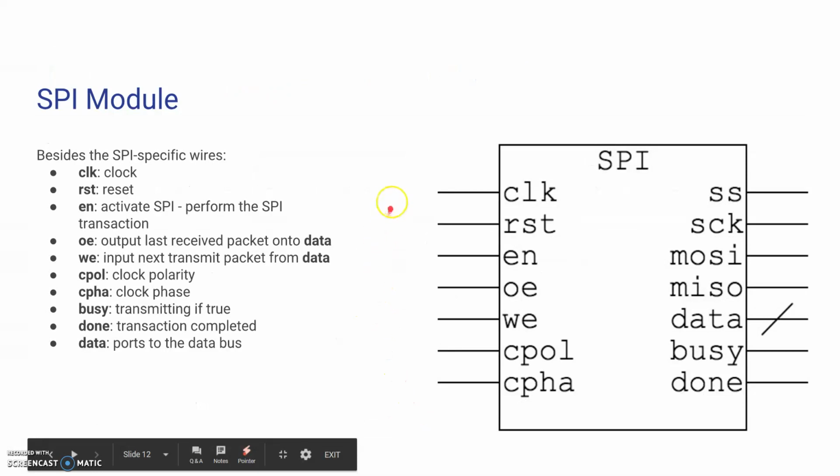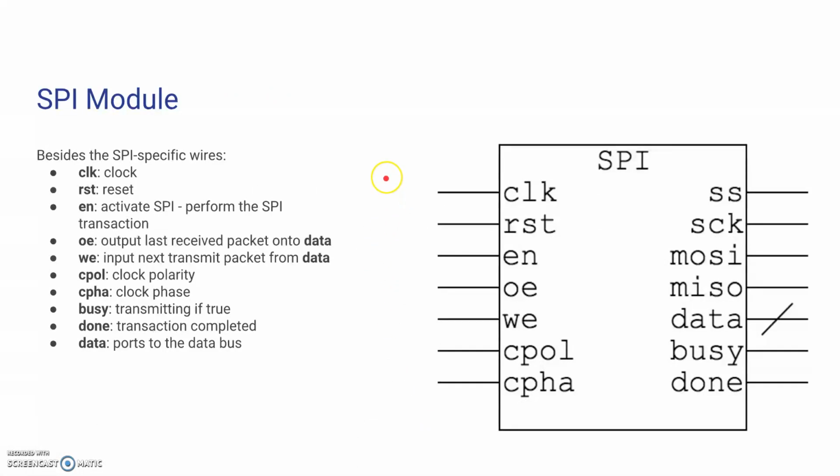This is a block diagram for the SPI module that I am implementing. So besides the SPI-specific wires, the chip select, the S clock, the MOSI, and the MISO, we have clock and reset, and then we have enable. So the enable activates the SPI to perform the SPI transaction.